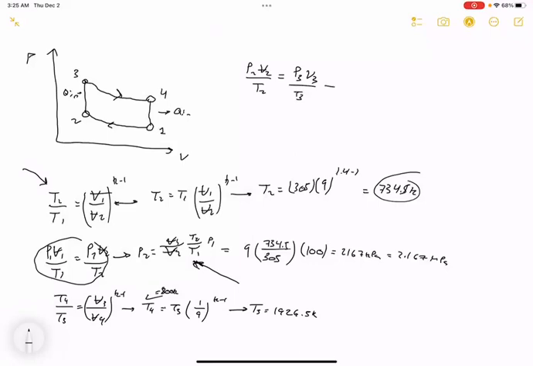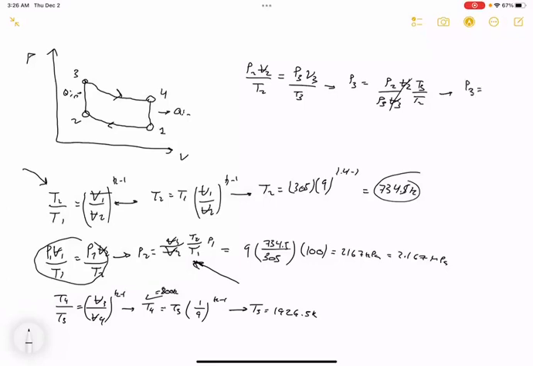Now again, we're trying to solve for P3, so if we isolate P3, we're going to get P2 V2 over T2 times T3 over V3. Now the ratio of V2 and V3 is 1 because the volume hasn't changed, right? So we can cross that out.